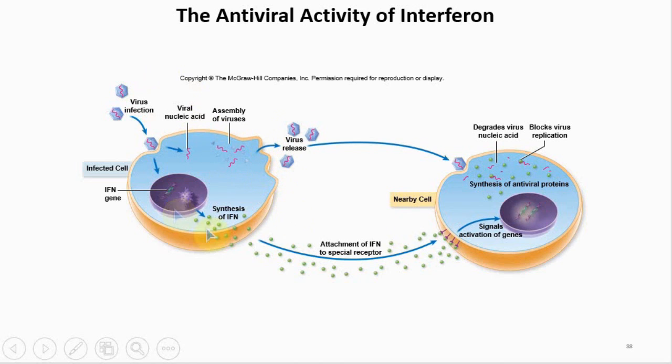Well, at the same time, the interferon producing genes are activated inside the nucleus of the host cell, and therefore it starts to produce interferon, which is then released. So what that does is it attaches to the receptors on a nearby cell, and that causes the other cell to produce these antiviral proteins, and that keeps the second cell from then producing new viruses like the first cell did.